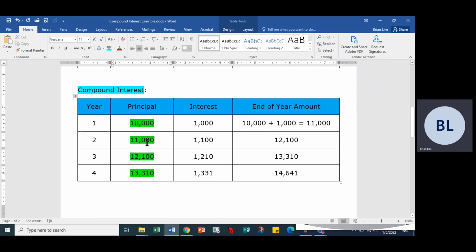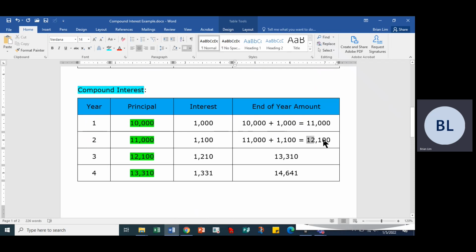And so 10% interest of $11,000 gives us this $1,100 here, and this amount here would be what? It's 11,000 plus $1,100, and that would give us $12,100.